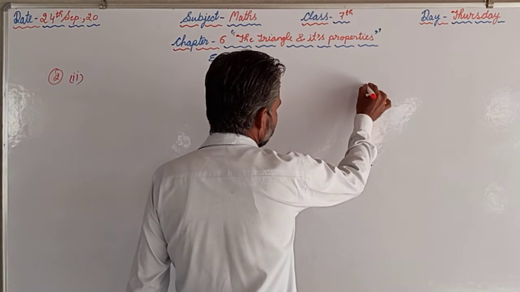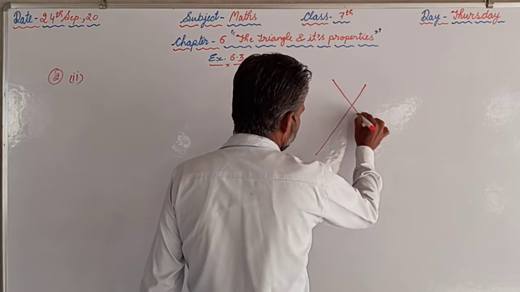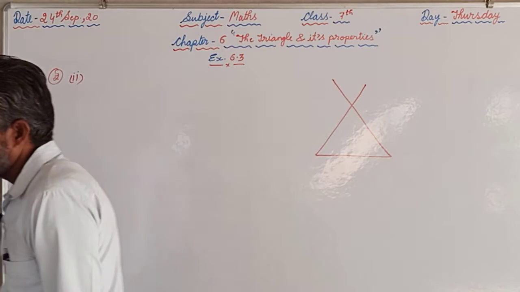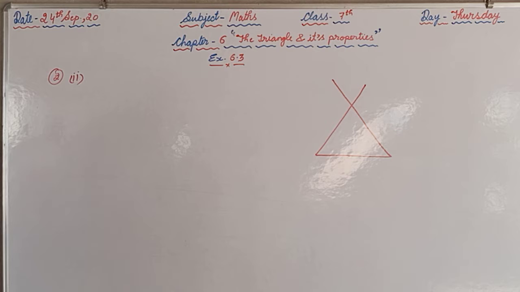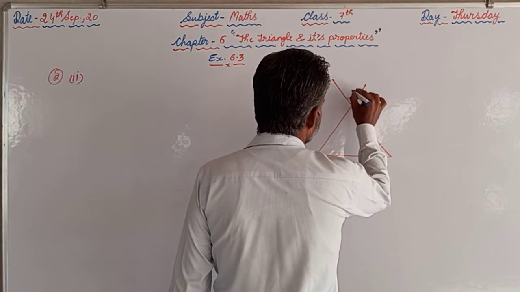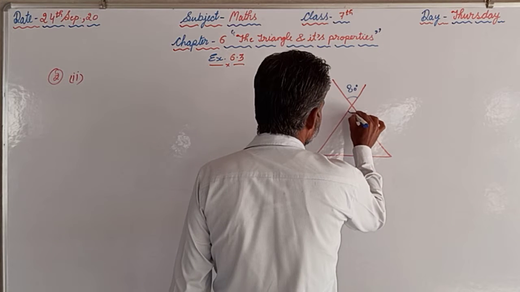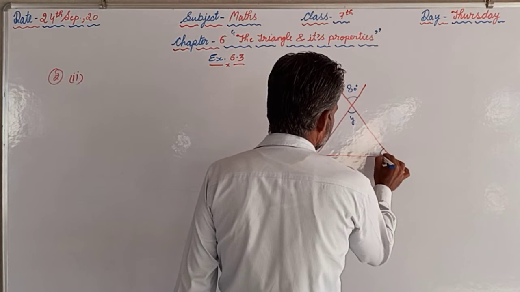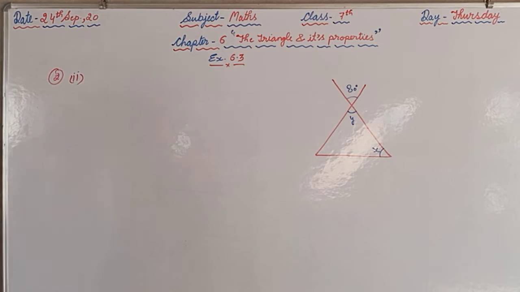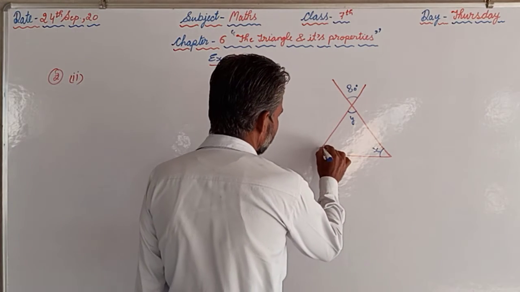The diagram is given there. One triangle is given like this, in which some of the angles have been given. Now this is 80 degree and this is y, this is x, and one more angle is there, that is given 50 degree.